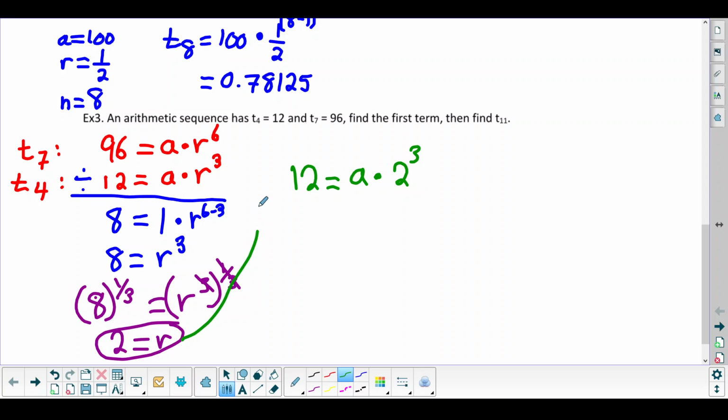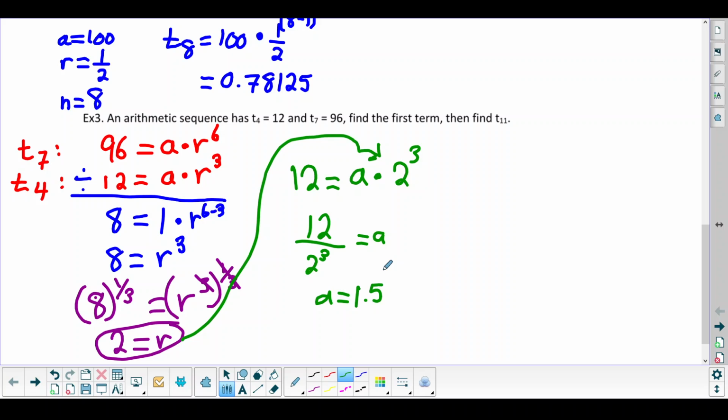So once again, we're plugging this in up here or there. All right. And we can rearrange this. So we get 12 over 2 to the power of 3 equals A. And 2 to the power of 3 is 8, so we get 12 over 8. And you use your calculator for this. We get A is 1.5.